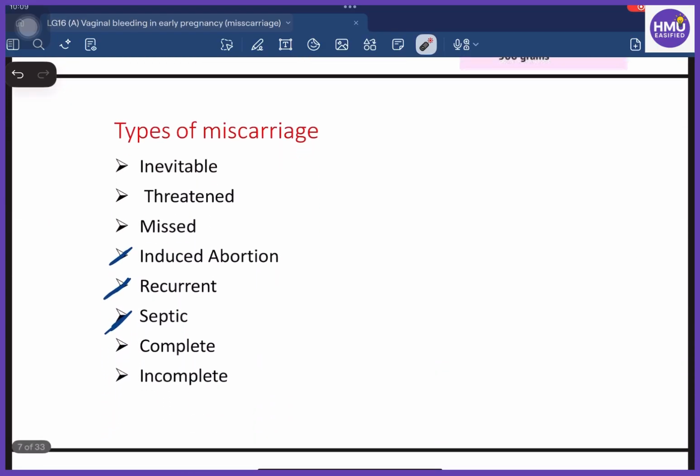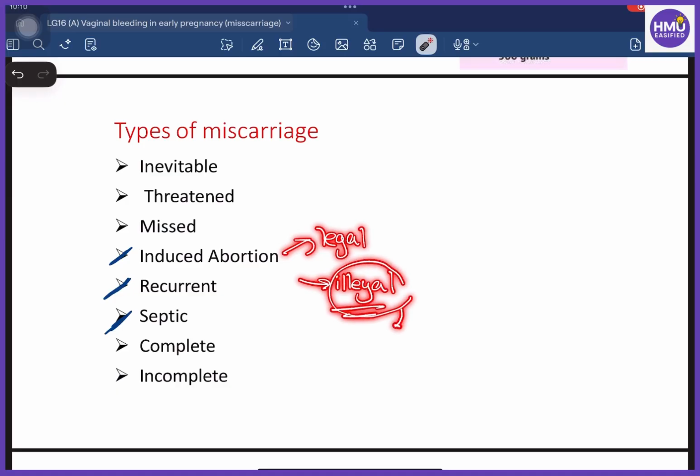So coming to the types of miscarriage. I will not discuss induced abortion in detail. Induced abortion could be for legal or illegal reasons. Illegal, for example, if someone introduces metals or something to induce abortion.